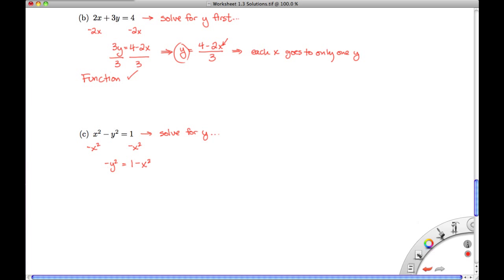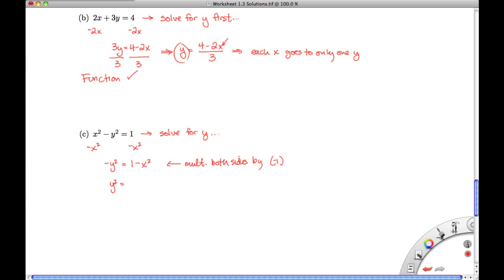Order of operations dictates that, since there aren't parentheses around this y squared, we need to get rid of that negative first. So the next thing I'm going to do is multiply both sides by -1. If I multiply negative y squared by -1, that's going to give me y squared.